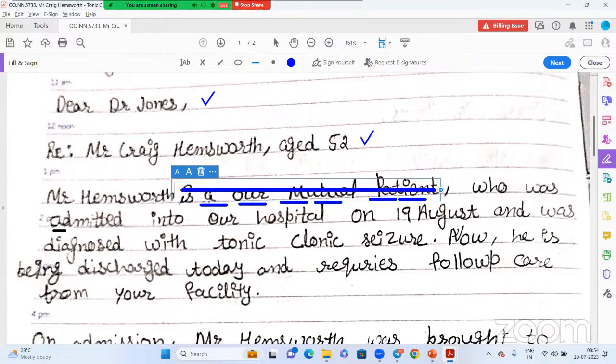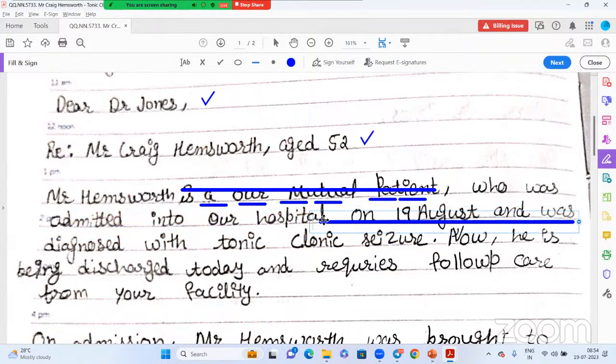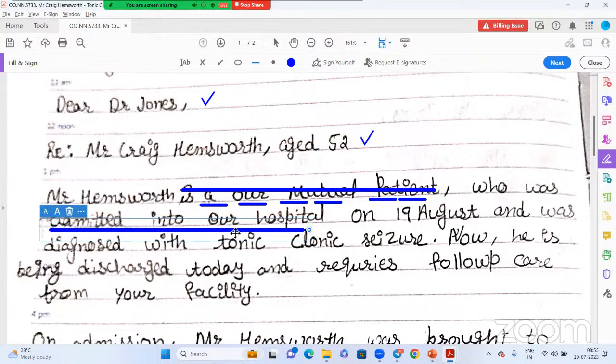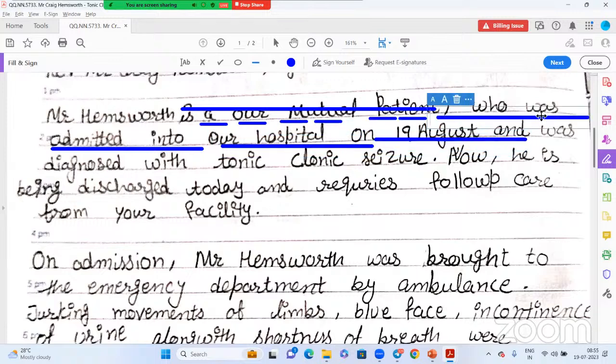In the introduction, no need to write this much. Write only a maximum of 2 to 3 lines. This you can take into the next paragraph. So who was diagnosed with? This one you can write in the next paragraph. That is already written here. Brought in an ambulance. So this you can remove and write in the next paragraph.